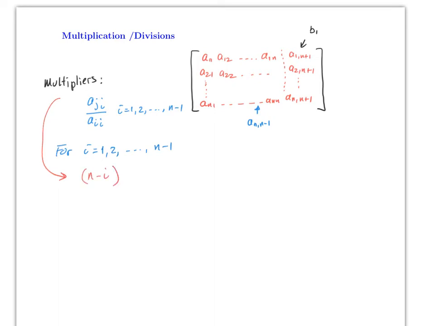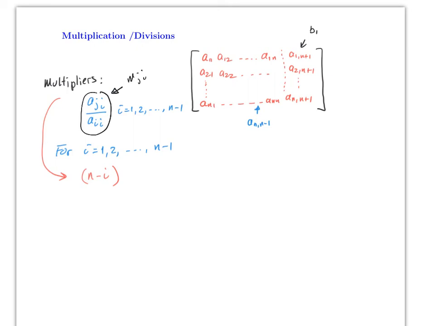For example, if we are in this column, you're going to need n minus 1. If you're in this one, you're going to need n minus 2. In this one, n minus 3, n minus 4, and so forth. So you need n minus i multipliers, which the book denotes m_ji.